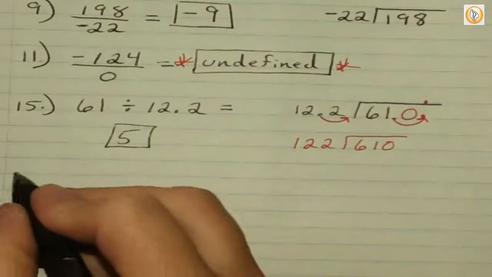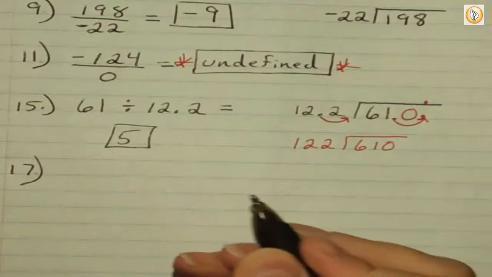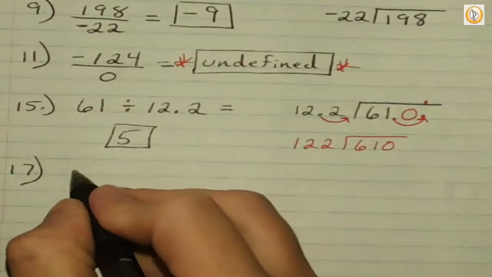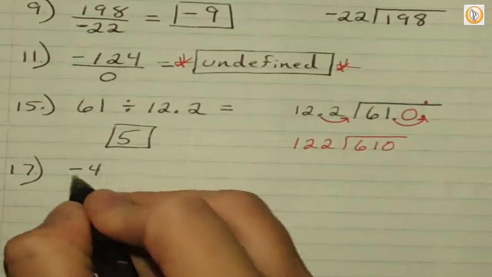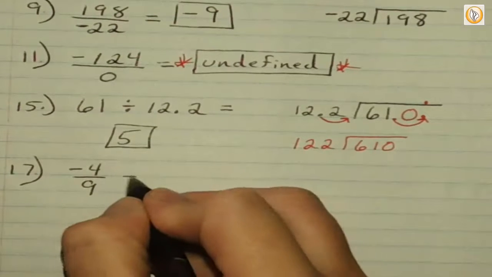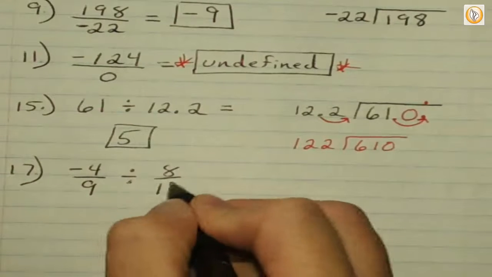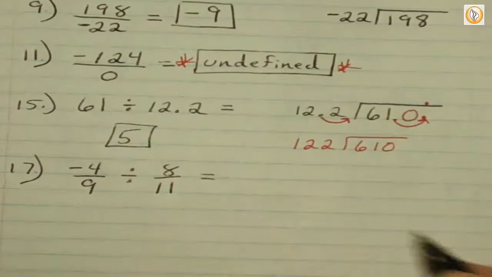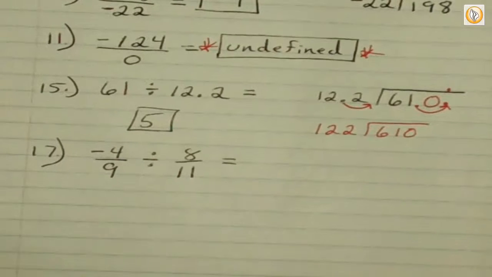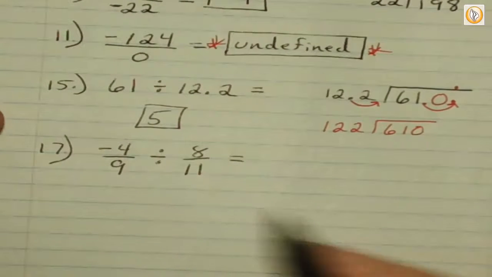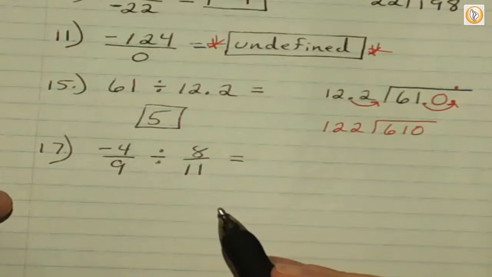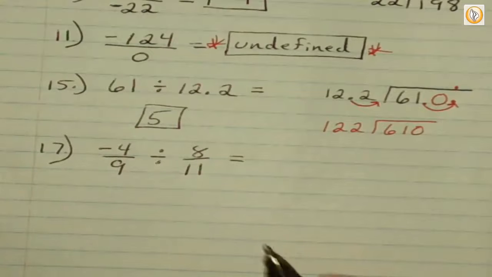All right, 17 with negative 4 over 9 divided by 8 over 11. First, what is the special rule about dividing fractions? Don't you have to get a common denominator? Wait, no. That's adding and subtracting.